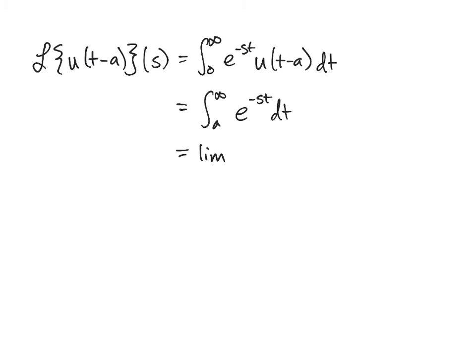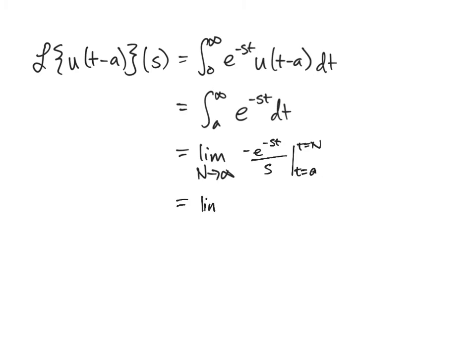Now this is reasonable. We can take this normally: the limit as n goes to infinity of negative e to the negative st over s, evaluated between t equals a and t equals n, and we've done this one a million times.